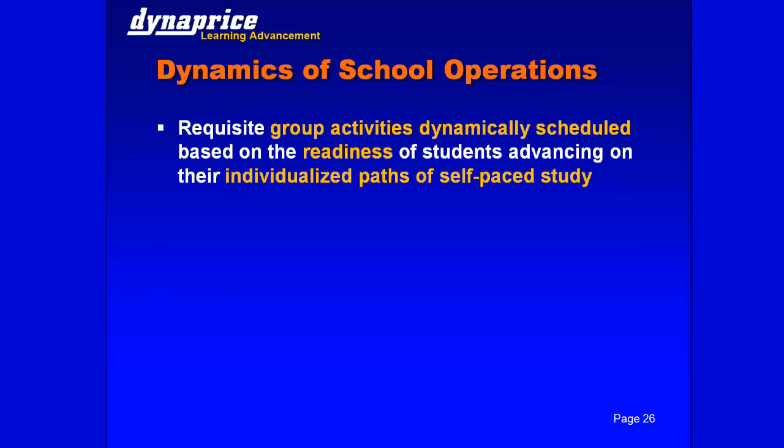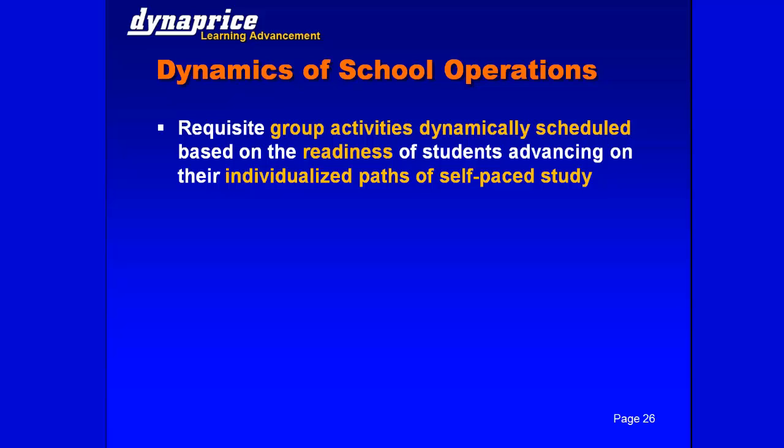We believe that requisite group activities will be dynamically scheduled, assembled as and when enough students become ready for them, as each student advances on his own path of self-paced study. This model reverses the common practice today, which just tacks self-paced study onto calendar-scheduled, lesson-planned group activities.